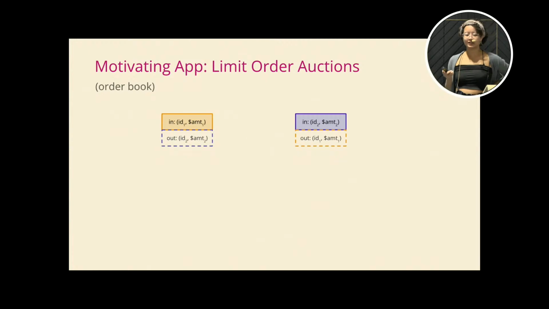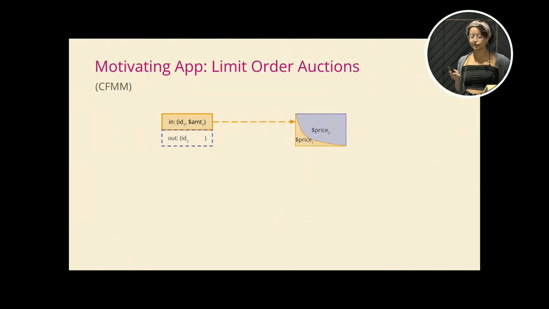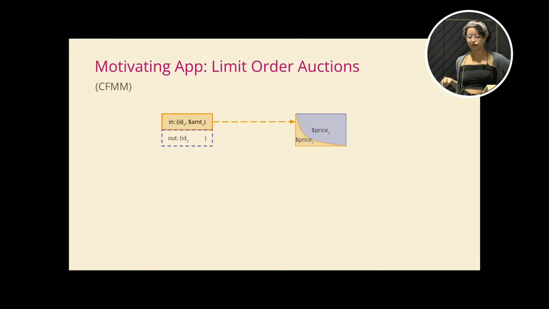So effectively, they specify the price at which they want to trade for this pair. And then there's a matching algorithm that takes place that fills both orders and forms a balanced transaction. Another variation of this is the very popular constant function market maker.